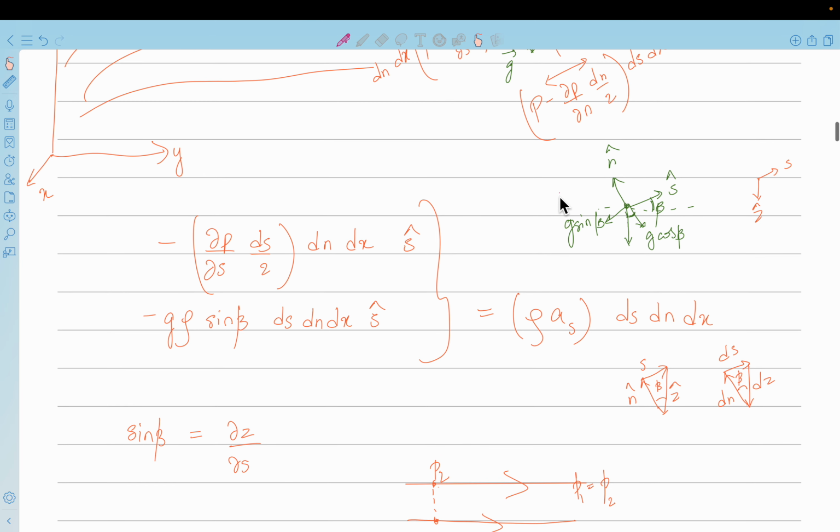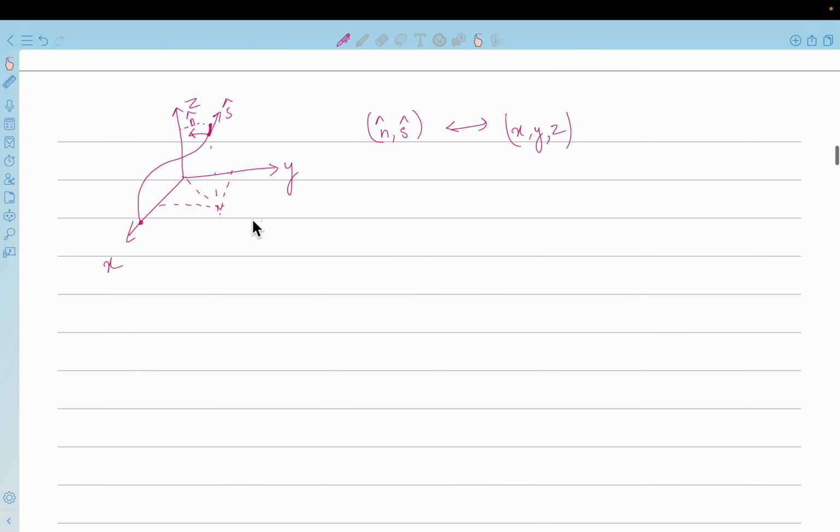So here in this figure, what we did was we took the z coordinate. Now let us consider some element over here. This element has some length dx, dy, dz, right? So along this streamline, if I considered some ds element, this ds element has a projection over here, and some projection over here.